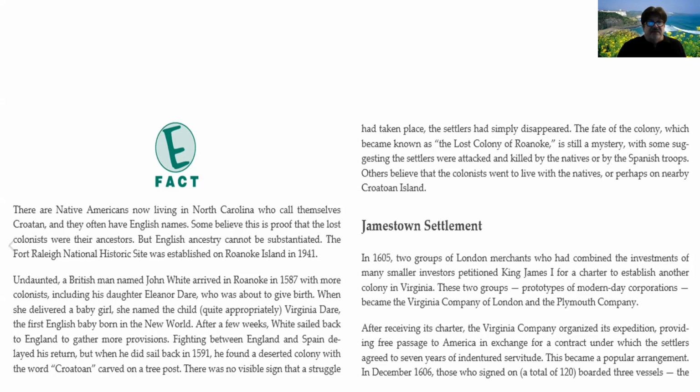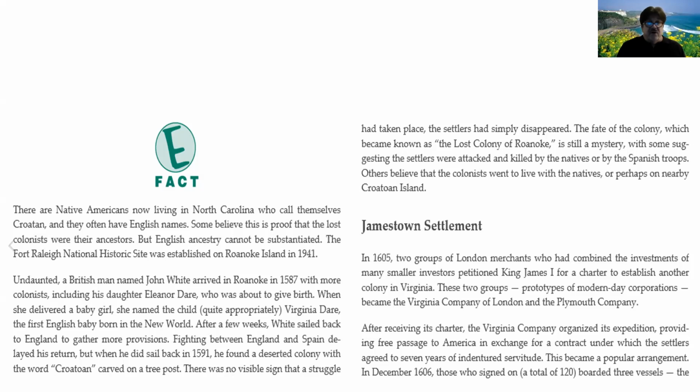But when he did sail back in 1591, he found a deserted colony with the word Croatan carved on a tree post. There was no visible sign that a struggle had taken place. The settlers had simply disappeared.